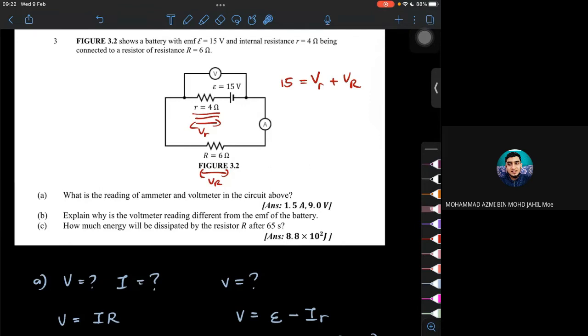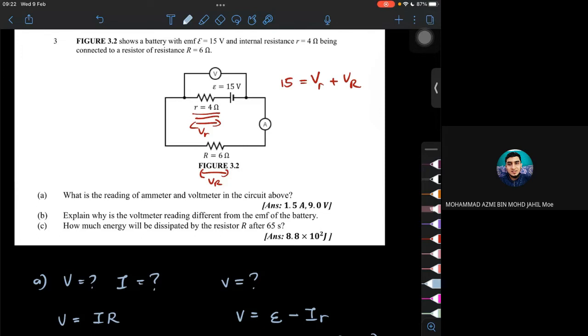So basically apa yang Azmi cakap tu, the potential energy, because bila kita supply energy right daripada the battery, apabila supply the energy, setiap kali dia lalu dekat resistor ni, dia akan ada potential drop. Okay, so depends kepada the position of the voltmeter.